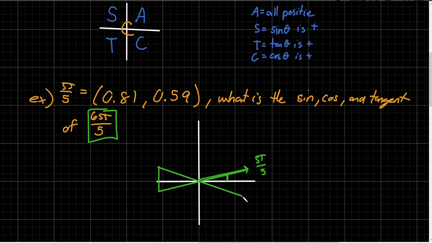So we're drawing our bow tie right now. We're trying to figure out where 6 pi fifths is on our circle. We don't need a circle. Pi fifths is up here.